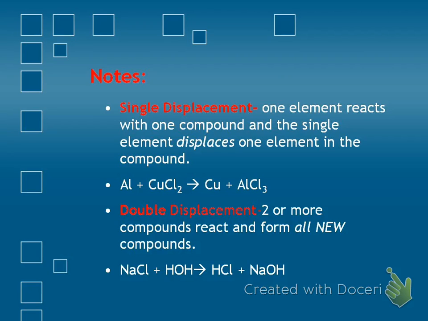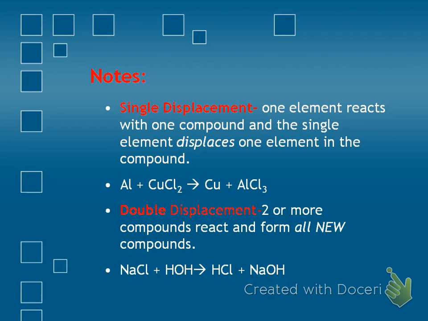So in the example I give you, sodium chloride and hydrogen oxide, or water, react. One of the hydrogens and sodium switch places. We've got 2 new compounds, we've got hydrogen chloride, and we've got sodium hydroxide. So everybody got a new partner.